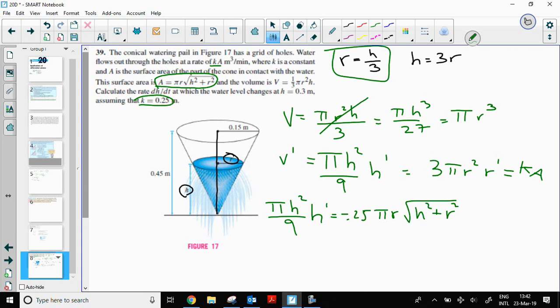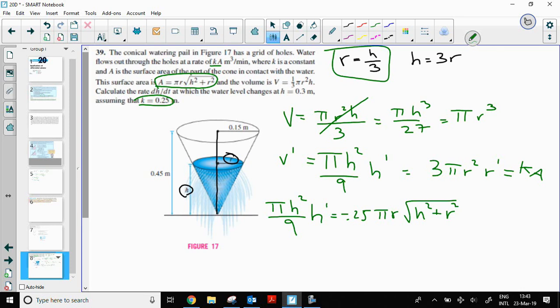Of course, if this was some weird situation where water was flowing into the cone through the same mechanism, then this would be a positive rate of change. These are the type of things we need to be aware of and to consider when we're dealing with rates of change problems. Are the rates changing positively or negatively?